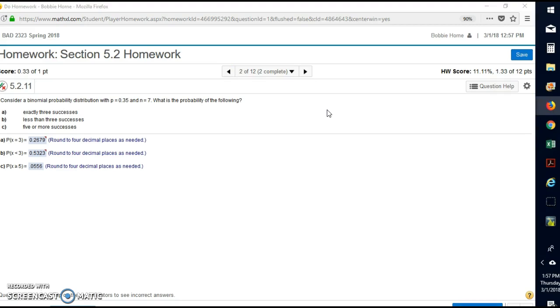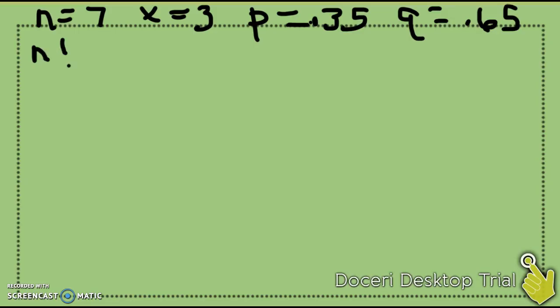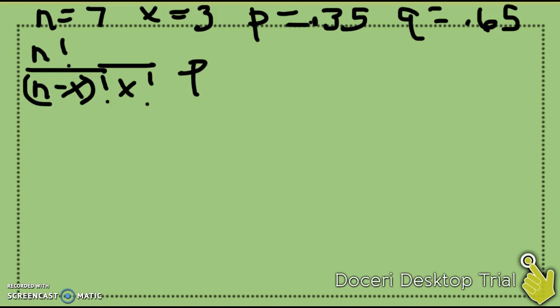So we know our formula is n factorial over n minus x factorial times x factorial. And you may start to do this without having to write this and just understand where everything goes.